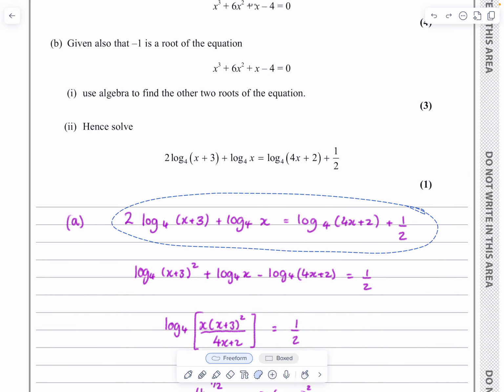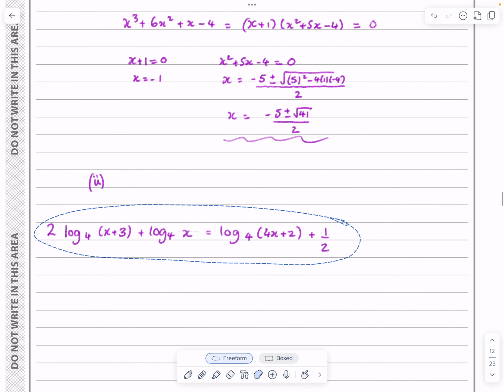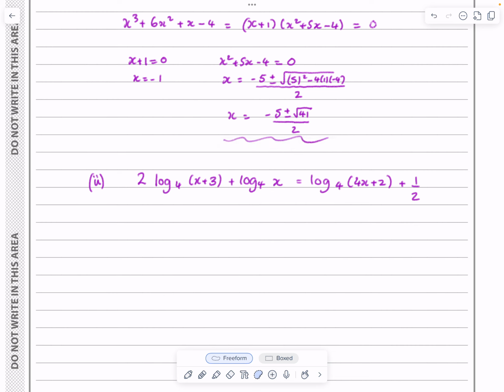To solve that is the same as x cubed plus 6x squared plus x minus 4 equals 0, which gives me x equals minus 1, x equals minus 5 minus root 41 over 2, and x equals minus 5 plus root 41 over 2.